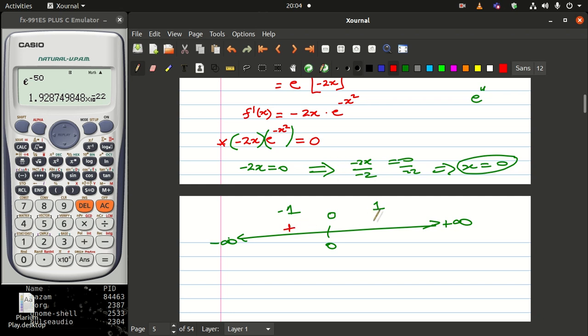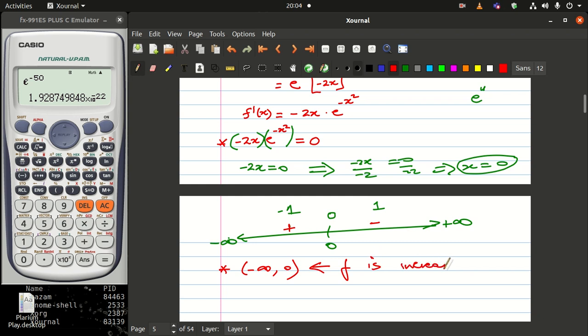And when I take the value 1 and plug it in here, I will get a negative times a positive, so I will end up getting a negative. Which means that from negative infinity up until 0, we can see that f is increasing.